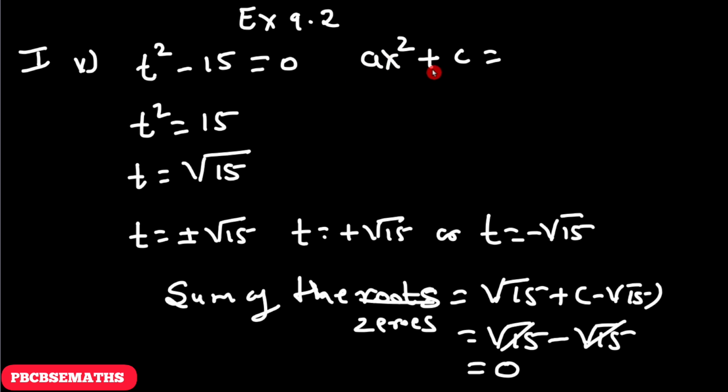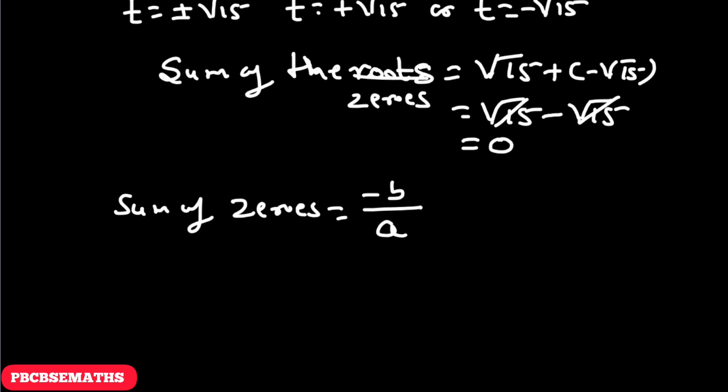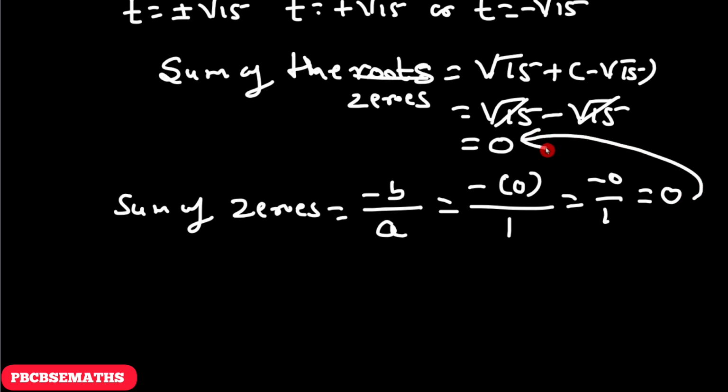We don't have any b term here, so the value of b is 0. So we can write minus of 0 divided by the value of a, which is 1. So minus 0 by 1 gives us 0. So sum of the zeros is equals to 0.